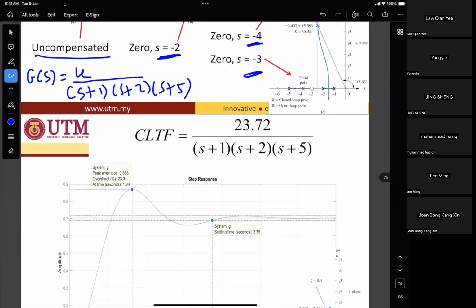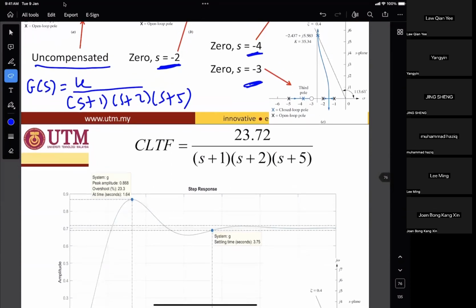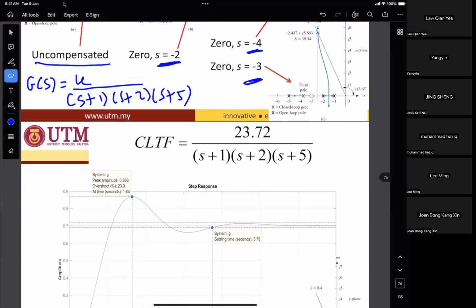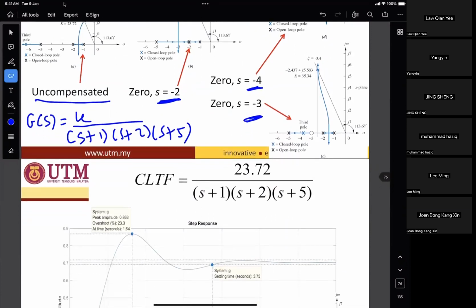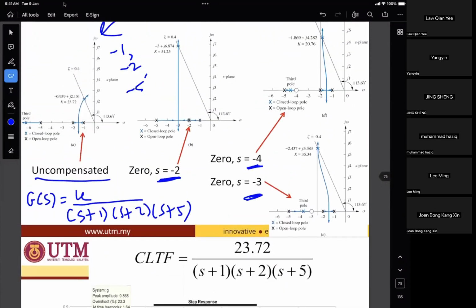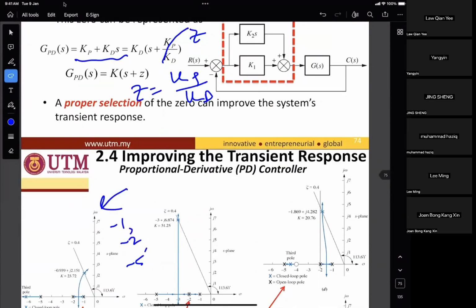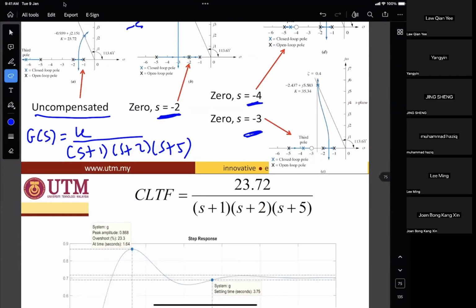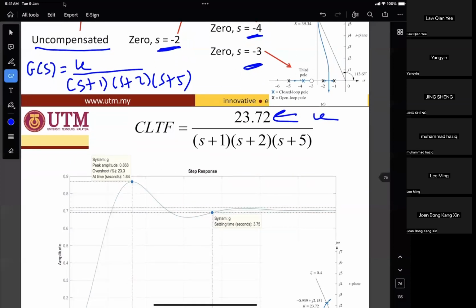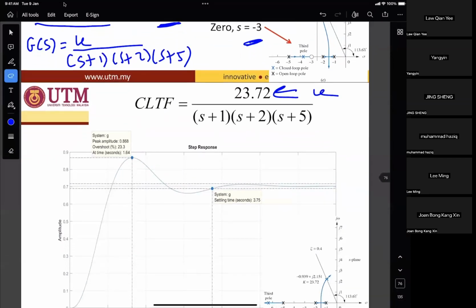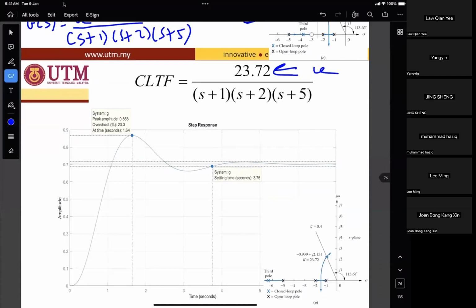The closed loop transfer function previously had K equal to 1, so we increased it to 23.72. This is the K value. And we observe the time response.